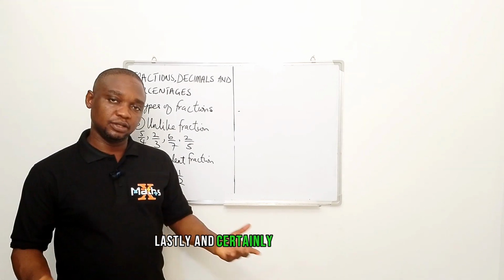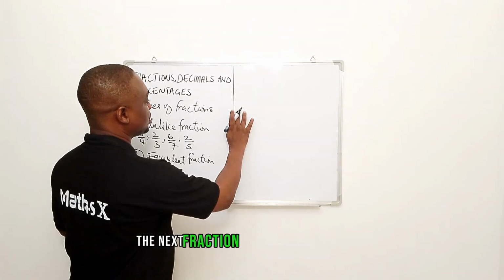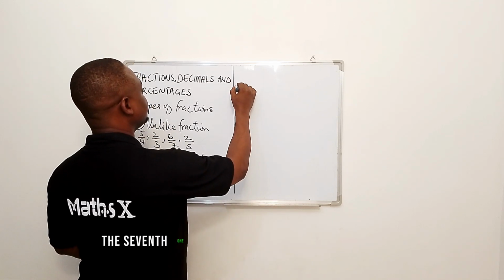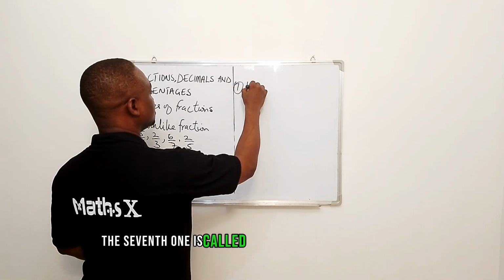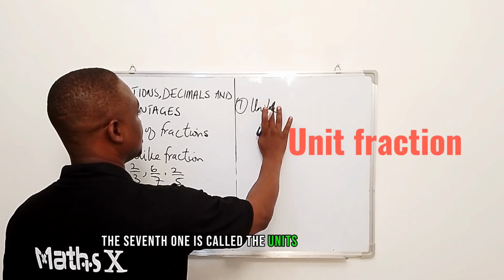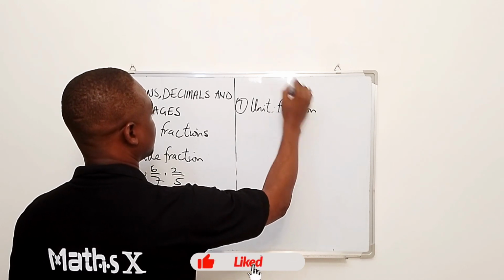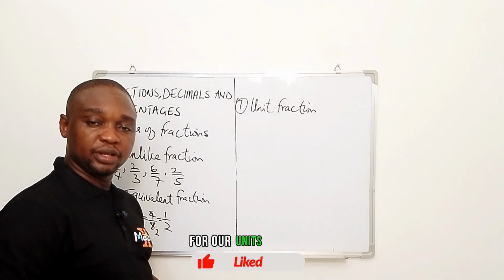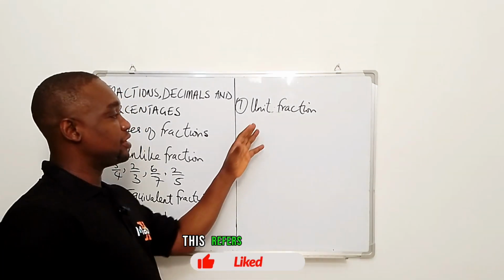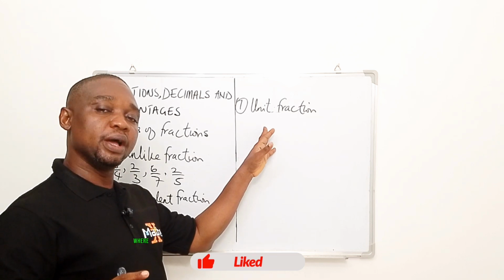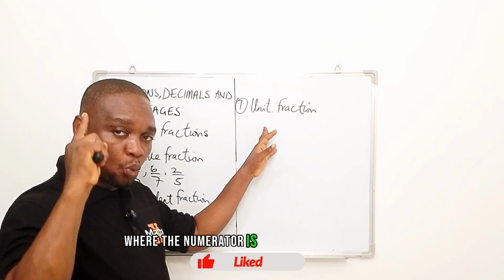Lastly, and certainly not the least, the seventh one is called the unit fraction. For our unit fraction, this refers to a fraction where the numerator is 1.